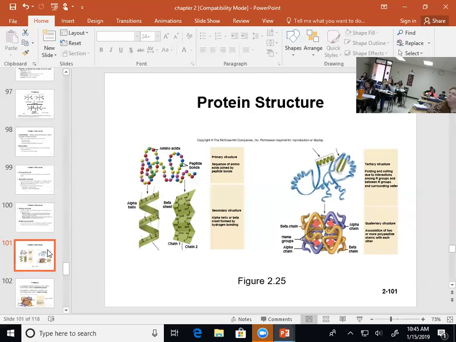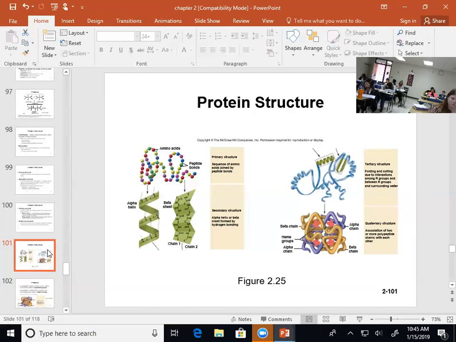What dictates how that secondary structure happens, whether it's a ringlet or a folded accordion, are the hydrogen bonds holding it like that. Are hydrogen bonds weak or strong? They're weak, but are they strong enough to hold that structure? Yes. And so the secondary structure is how the primary structure is going to act once it's made.